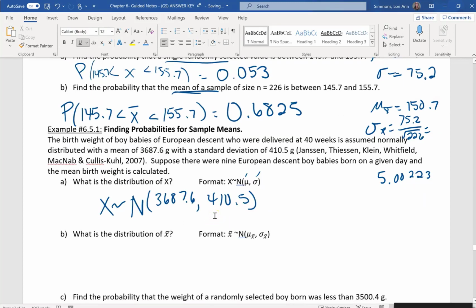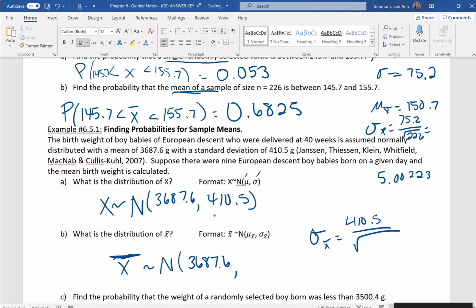Okay, what's the distribution of x bar? So x bar is approximately normally distributed. The mean is the same. And remember, sigma x bar is equal to sigma, so 410.5, over the square root of n, and n is 9.